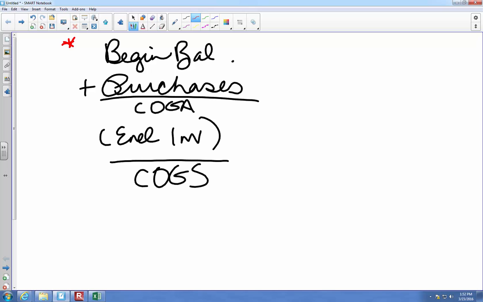What's in your beginning balance number for inventory? Go look it up in your general ledger and tell me what you got. And what do you have in your purchases for the period? That should be in your general ledger.